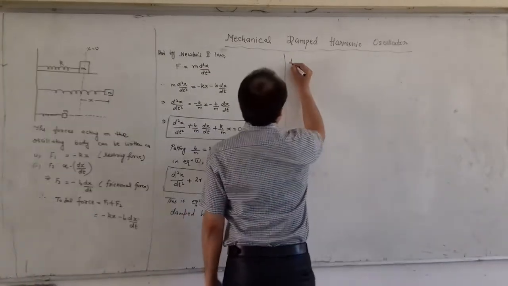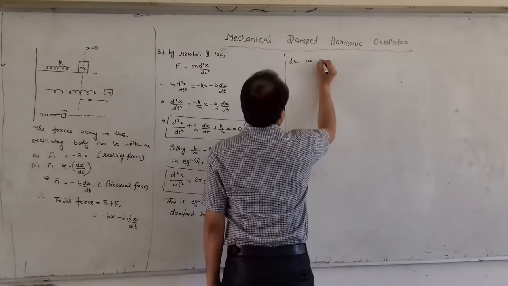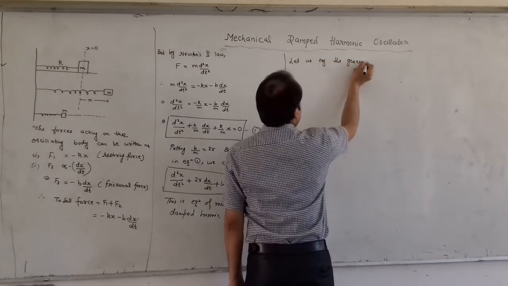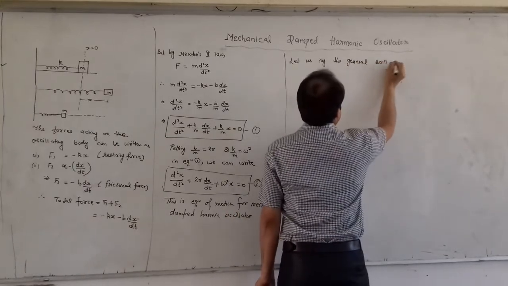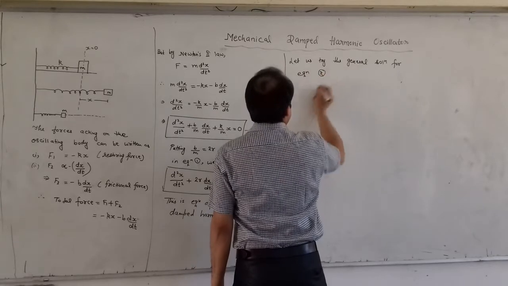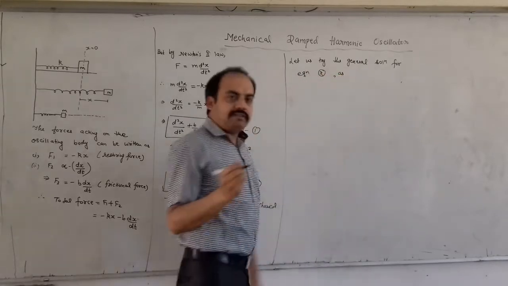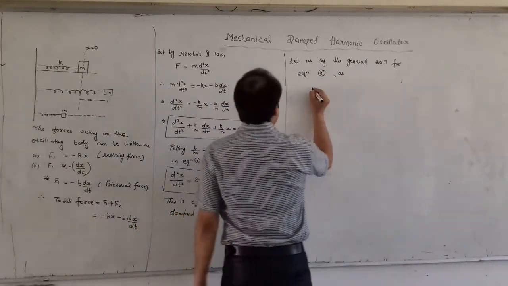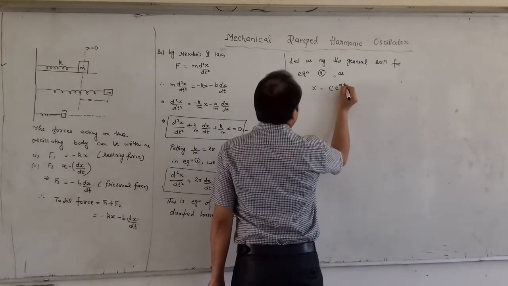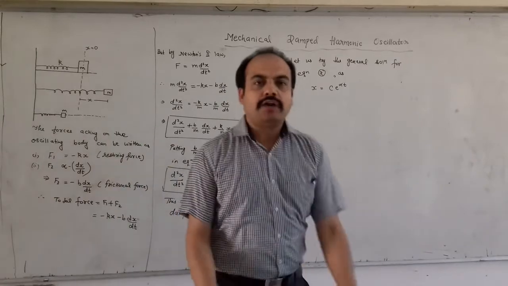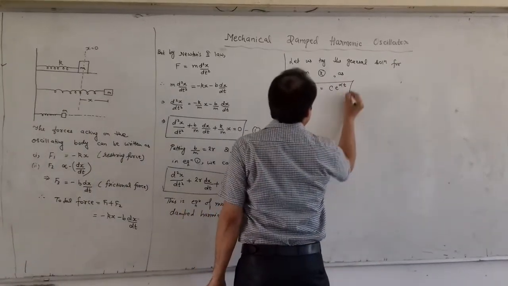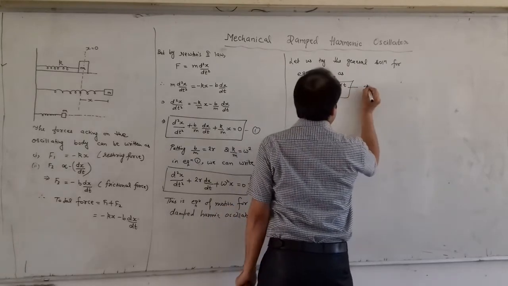Let us try a general solution for equation number 2, x equal to c e to the power alpha t, where c and alpha are two arbitrary constants. This is our equation number 3.